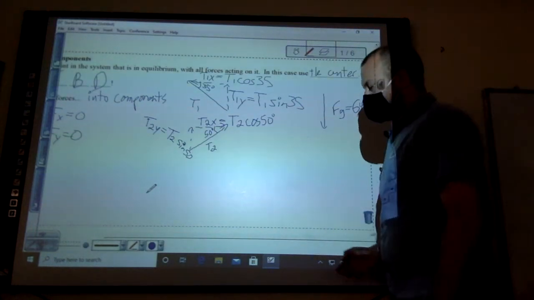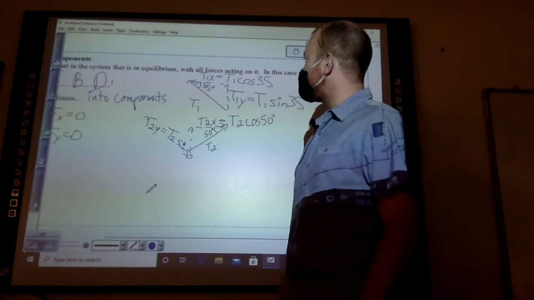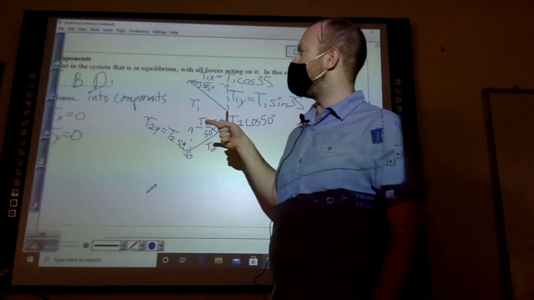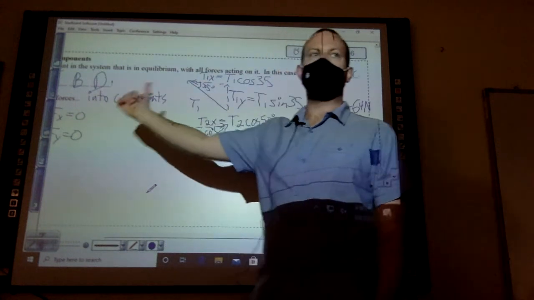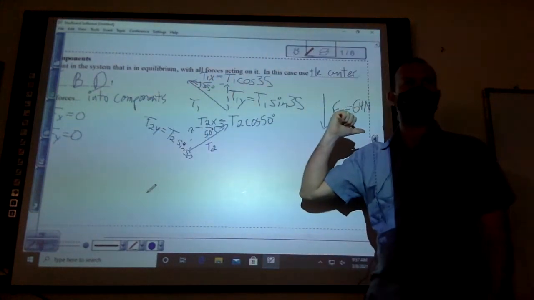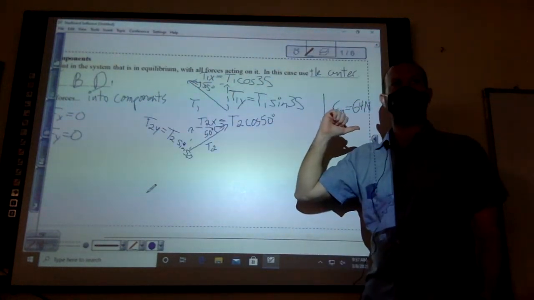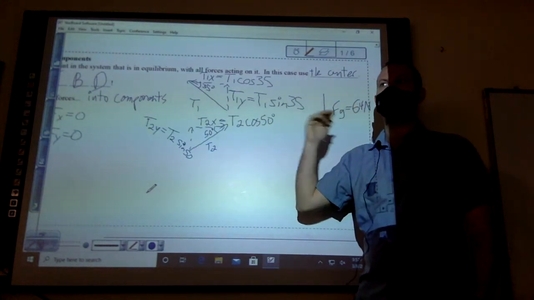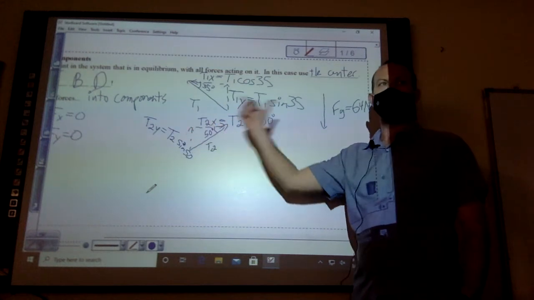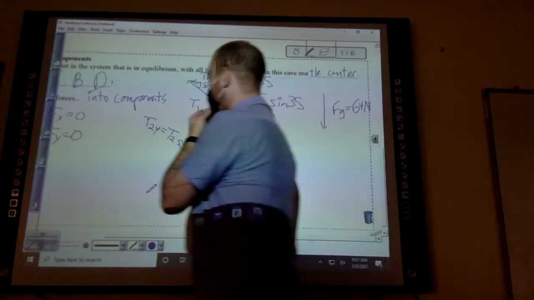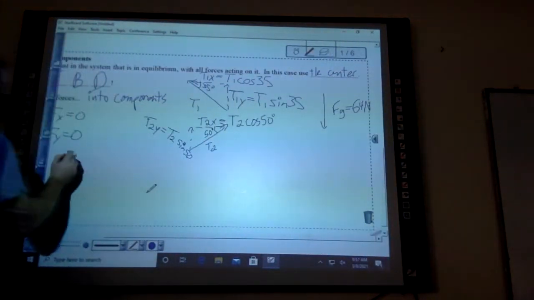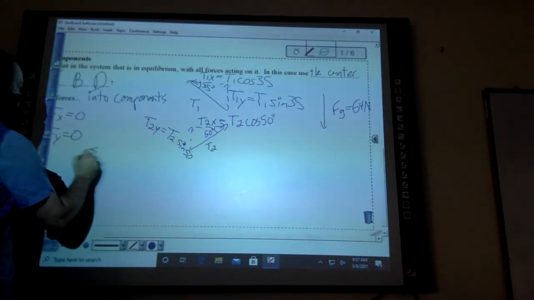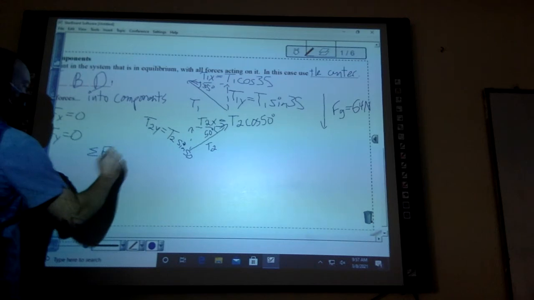Because as we write this out, so if the sum of Fx equals 0, that means all the x forces going to the left equal the x forces to the right. Correct? Does that make sense? If all the forces equal 0, the ones this way must equal the ones going this way. So that means, I'll write it out explicitly for the first time. For all the other ones, I'm not.